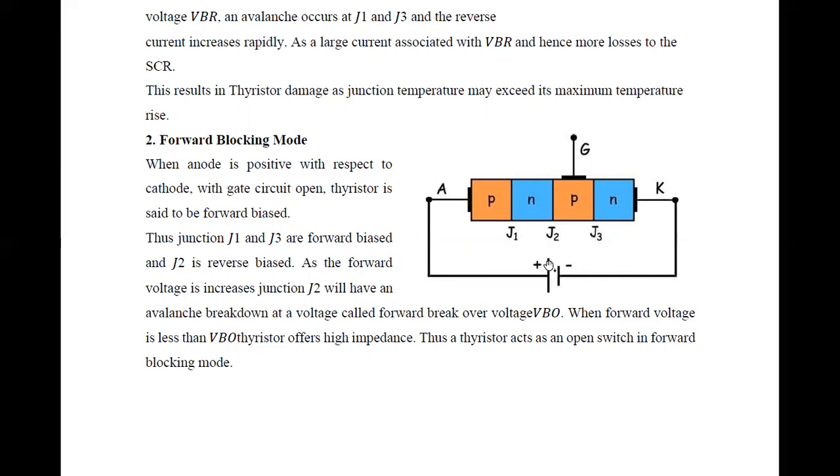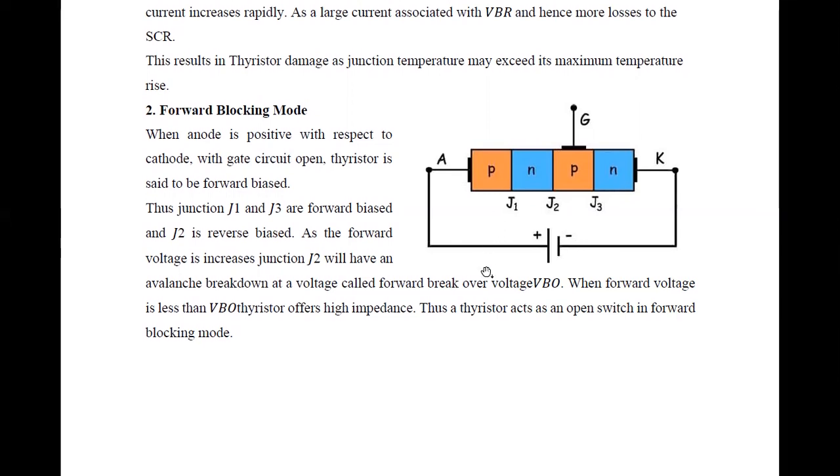When the forward voltage is less than the breakover voltage, this SCR offers very high impedance, which means that it acts like an open circuit. So this is forward blocking mode.